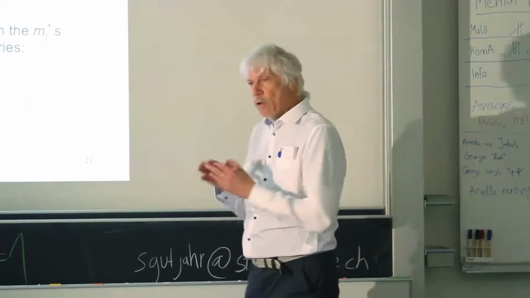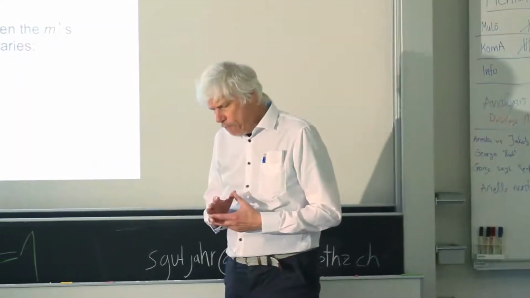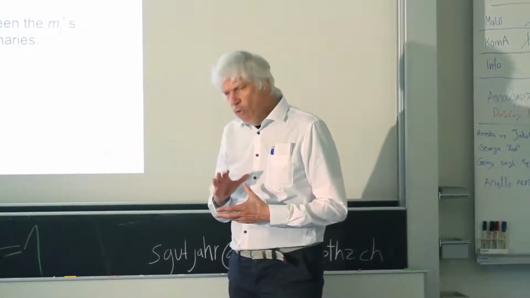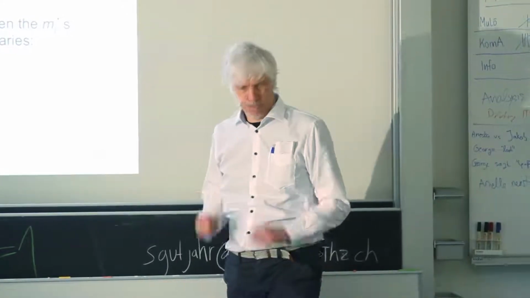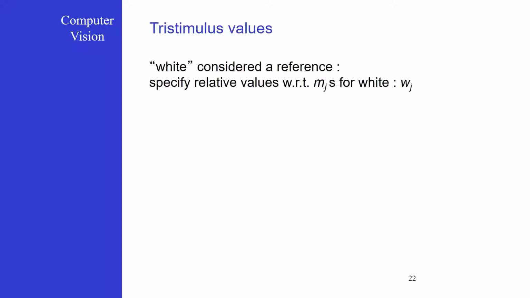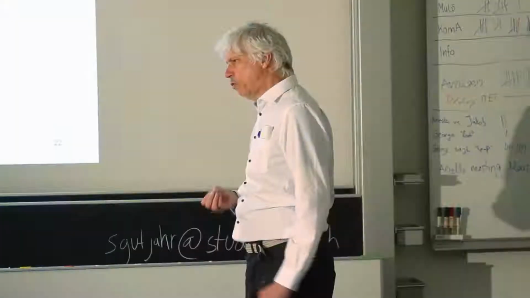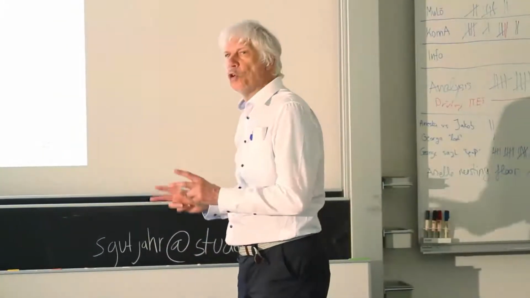Okay. Now, the further discussion of color actually involves 2 normalizations. And the first thing is we go now from these m values, this amount that we have to take of each of the 3 primaries, to the so-called tristimulus coordinates.